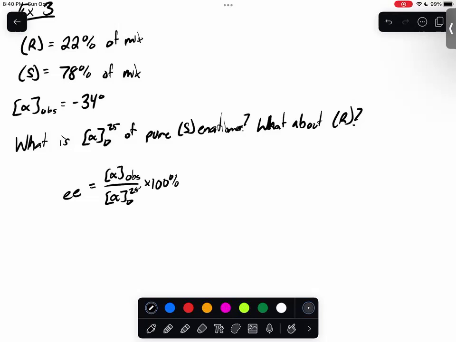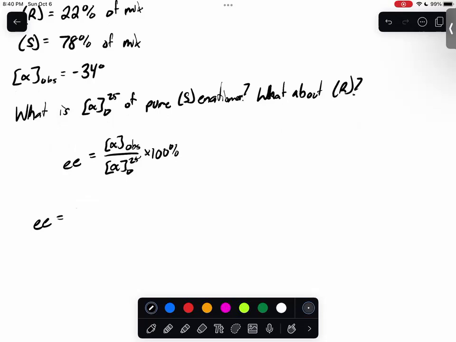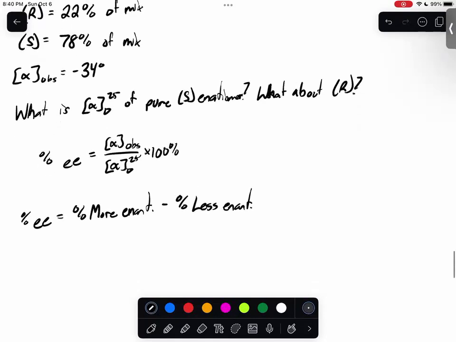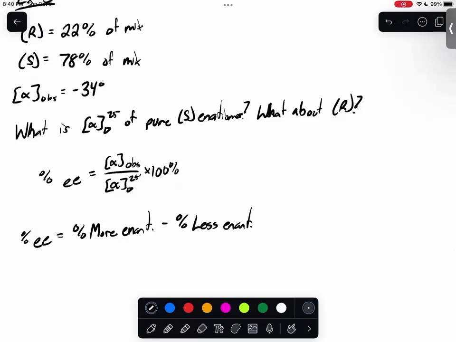Where the percent EE is equal to the percent of the more present enantiomer minus the percent of the less present enantiomer. So in this case, looking at R and S, right, S has more percent of the mix, right? So this is going to be the thing that is the percent enantiomeric excess, right? It is the enantiomer in excess.